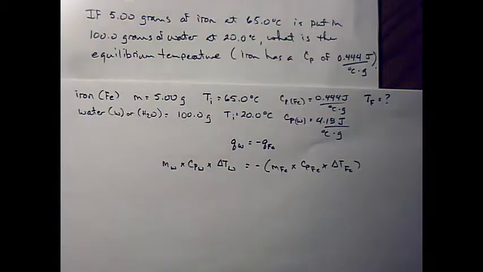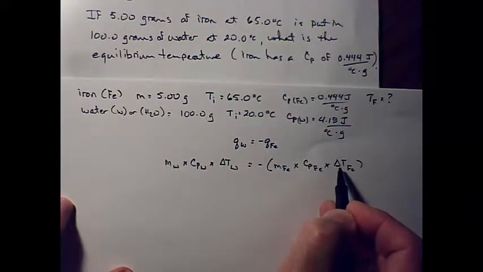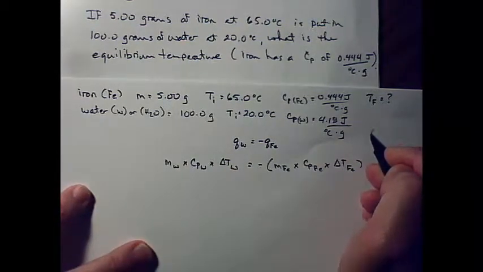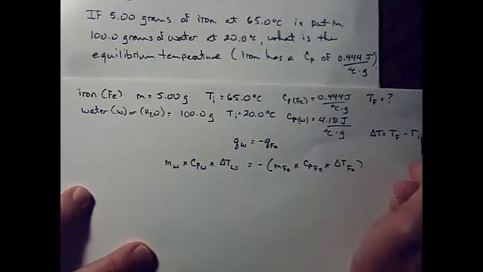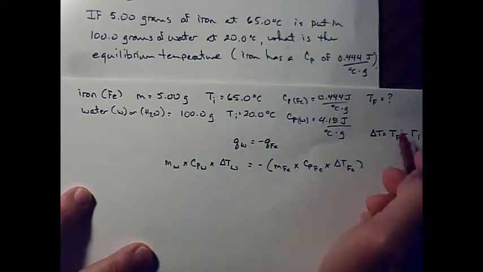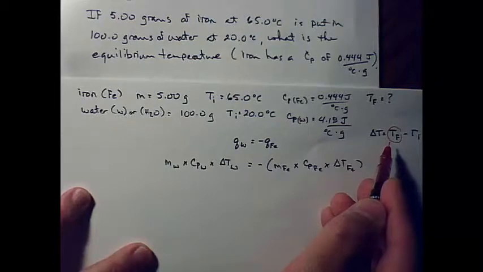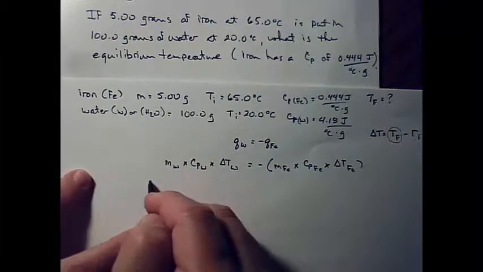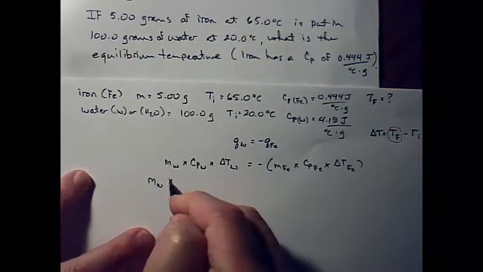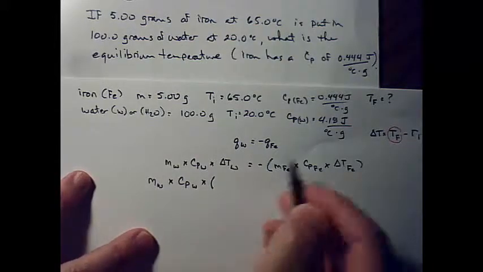All right, now, really we need to plug in the fact that delta T is always temperature final minus temperature initial. Okay? And what we're trying to find is this term right here. And for both the water and for the iron, temperature final is what we're going to be looking for. All right? So we got mass for the water times specific heat for the water times, we're going to plug in that equation over here.